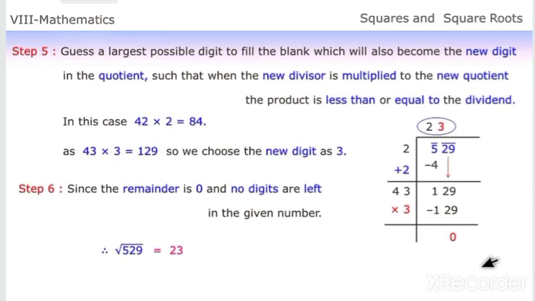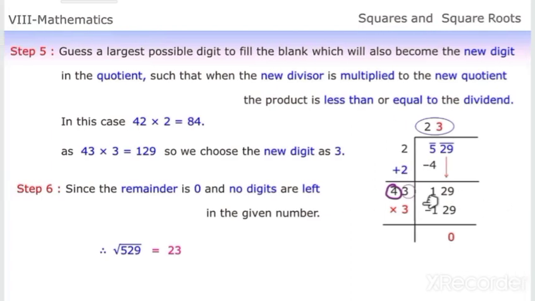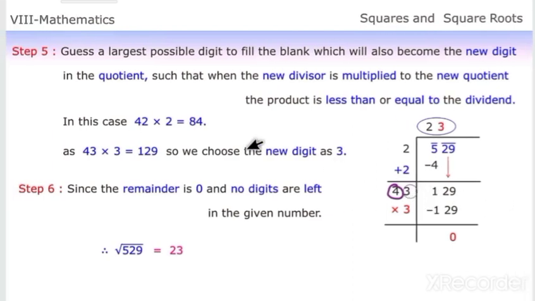So now we brought the 29 down, and 129 is there, and in the first step we have 4, which is double the divisor. Next, guess the largest possible digit to fill the blank, which will also become the new digit in the quotient.